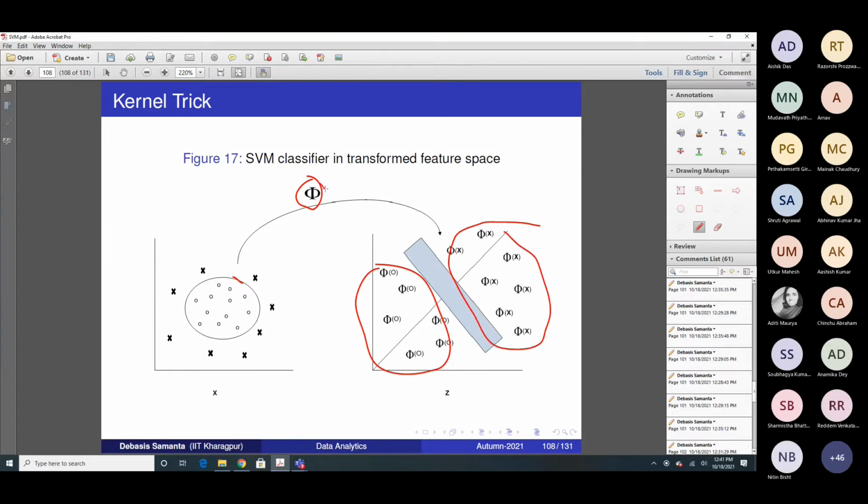This phi function will transform it, and that is your kernel, and then this is the nonlinear boundary that you can think about based on this transform function. So these concepts are very much the same as the Z transformation, phi transformation, or nonlinear input mapping concept, but here I just use another terminology, the kernel terminology.